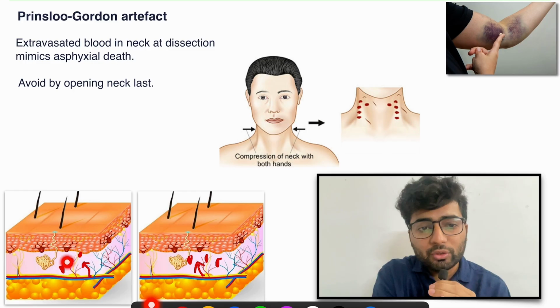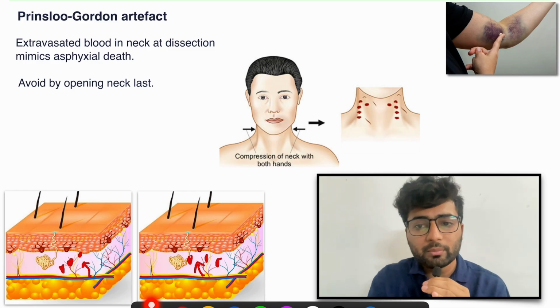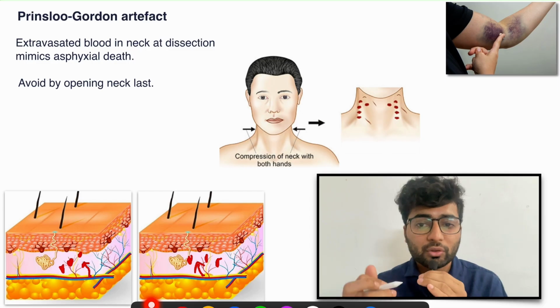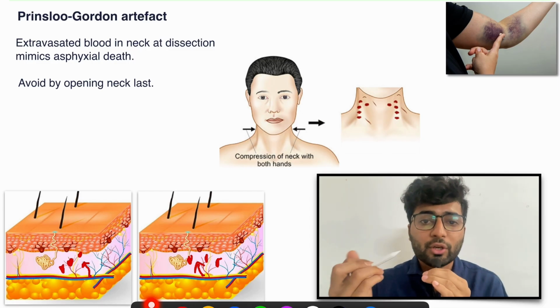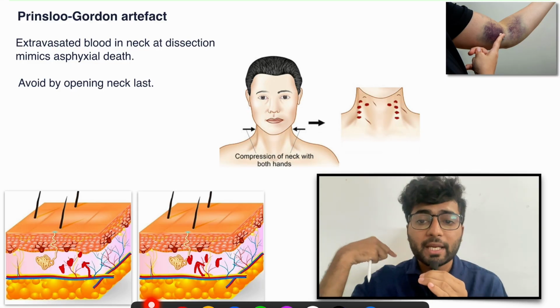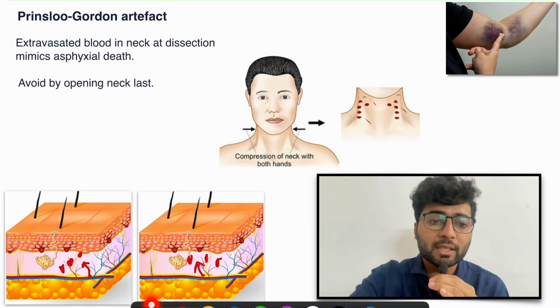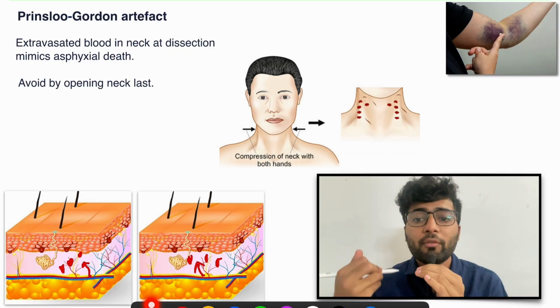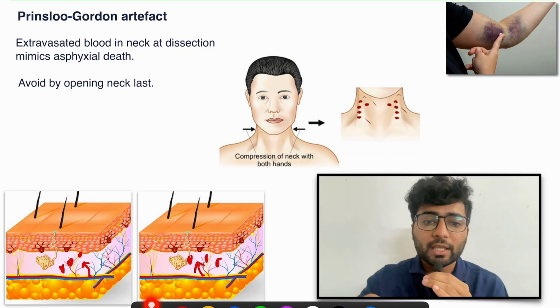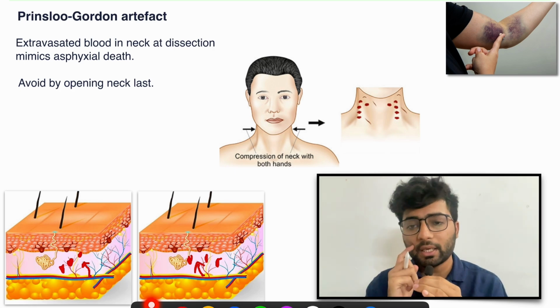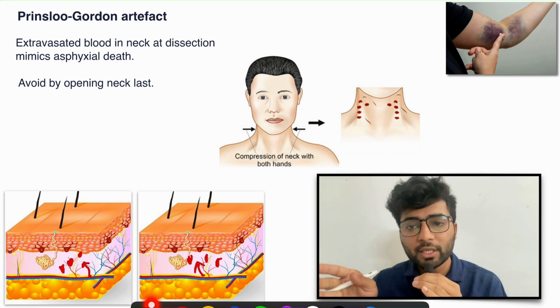Here also there is blood and here also there is blood, so both these hemorrhages look the same. So if the person did not die due to throttling, if we open the neck, it will appear as if there are hemorrhages, and these are caused by what? Throttling. So we need to make sure that whenever we cut these vessels, there should not be any blood inside them. That we will study in the next slide.